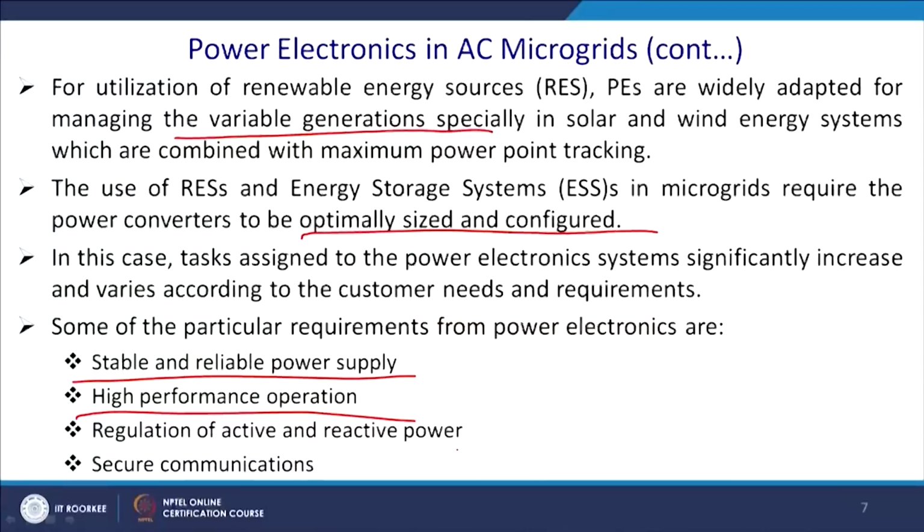Regulation of active and reactive power, and secure communication. It should communicate with other microgrids and dispatch power if it has a surplus, and thus it can have total management of the power in a particular locality. These requirements are important for the proper operation of the microgrids.